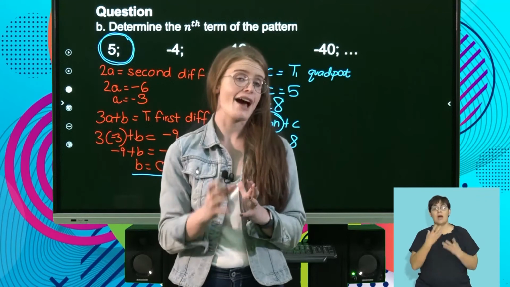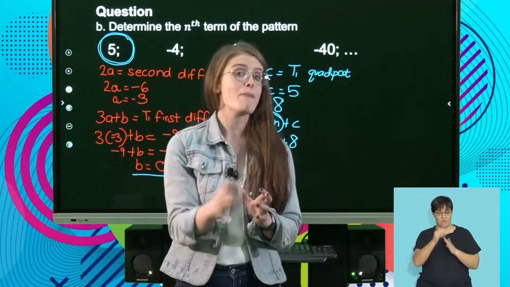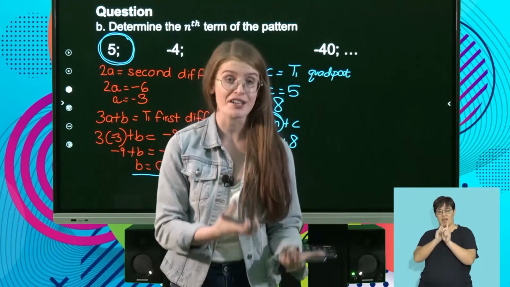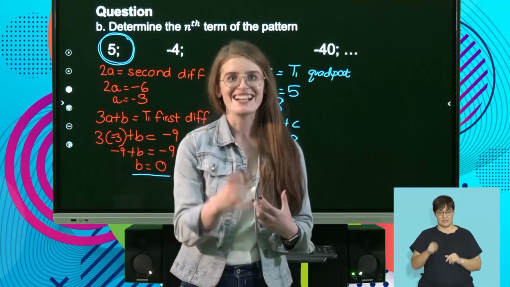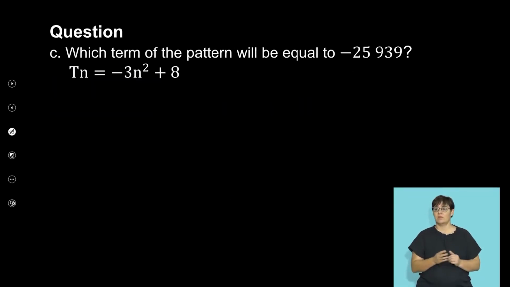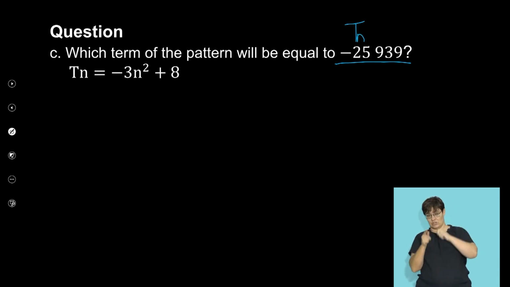Now that we actually have the nth term of the pattern, I can use that to solve questions regarding this quadratic pattern. Let's look at C. So we've now been asked which term of this pattern will be equal to negative 25,939. Please note that this is a Tn value because it is asking for the actual term number that matches the term value.